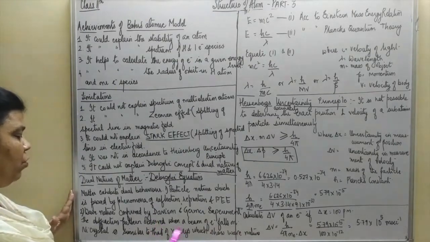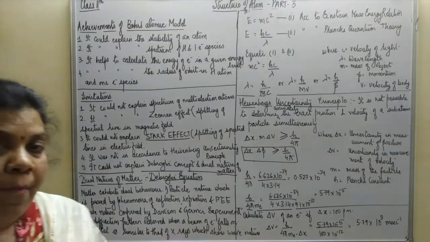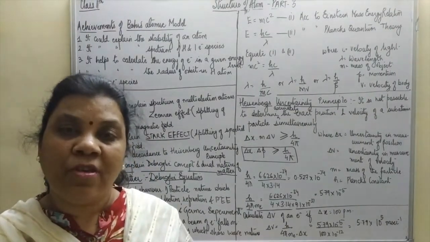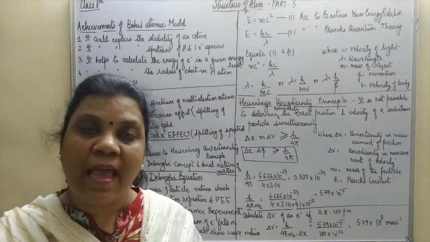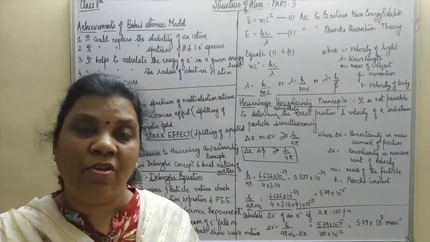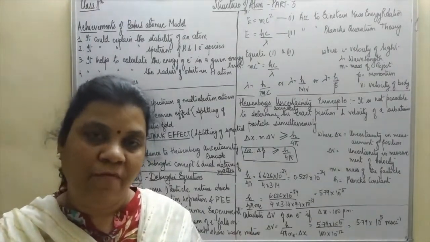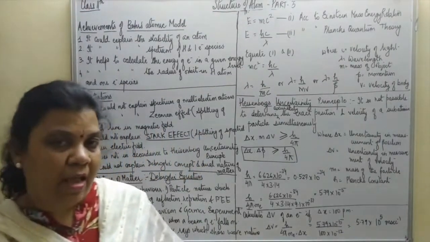So it was concluded that electrons also exhibit wave nature, because their diffraction pattern was similar to that of X-rays. And since X-rays show wave nature, it was concluded that electrons also show wave nature. This was the experiment conducted by Davisson and Germer.